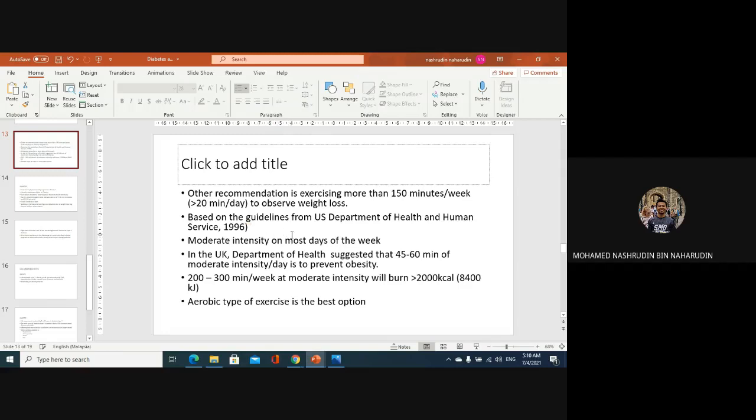This is the guidelines from the US Department of Health and Human Service in year 1996. And you have to perform it in most days of the week. Okay, most days of the week, meaning more than 4 days, 4 days or more.